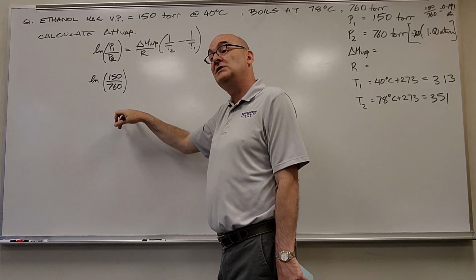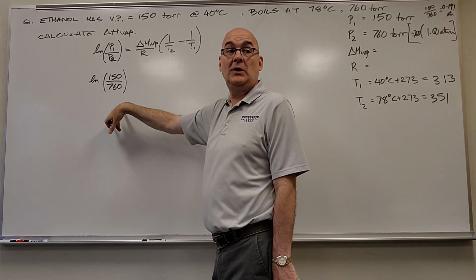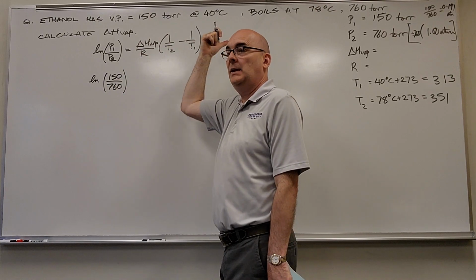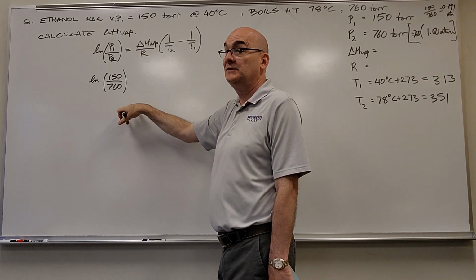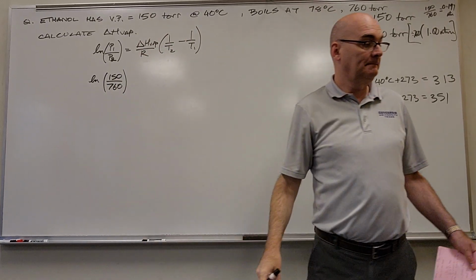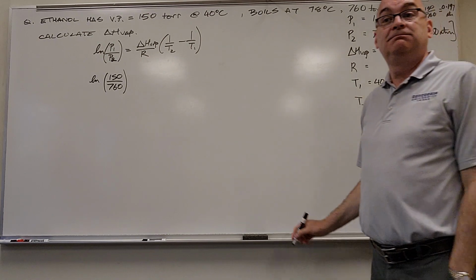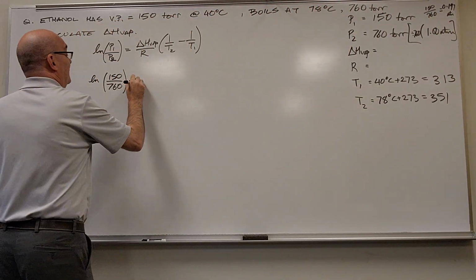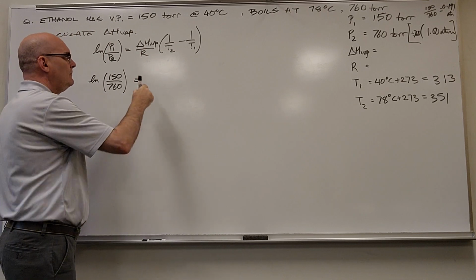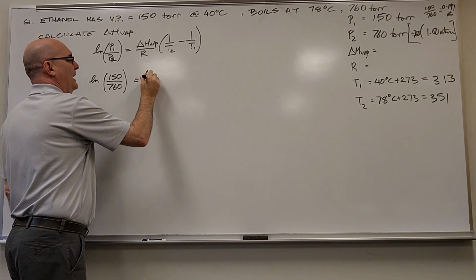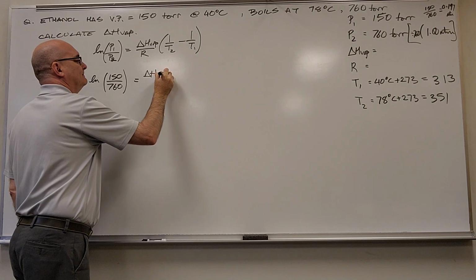So you've taken a step out of the end of your calculation by putting it in at the beginning. You're still dividing by 760. Do we have to use the same unit that we were given for P1? No, I would, but it doesn't matter. All right, delta H vap, that's the thing that we're trying to find.